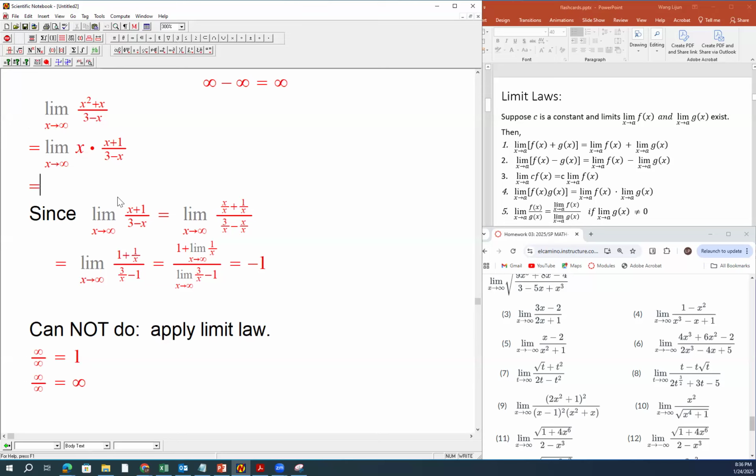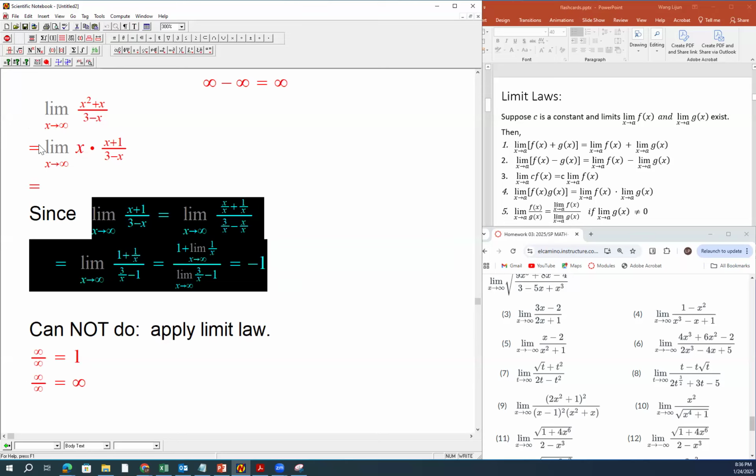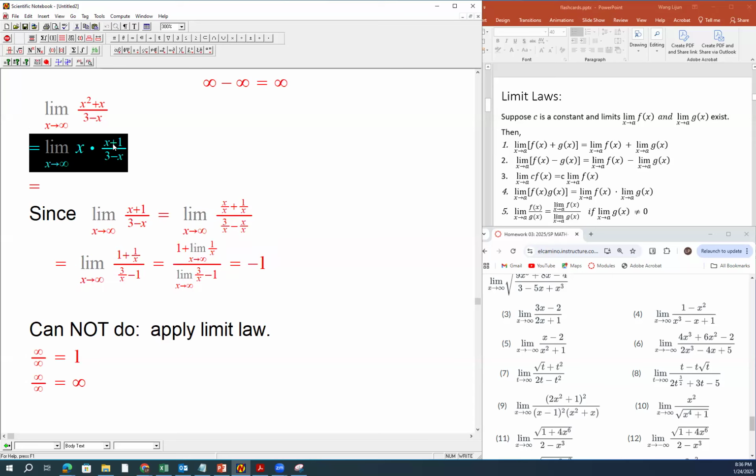And in operation, you can see I did not do this within this. I did it separately. I'm just explaining to the reader that as x approaches infinity, this quantity approaches a constant, and this constant is -1. Therefore, this entire quotient is going to approach negative infinity.